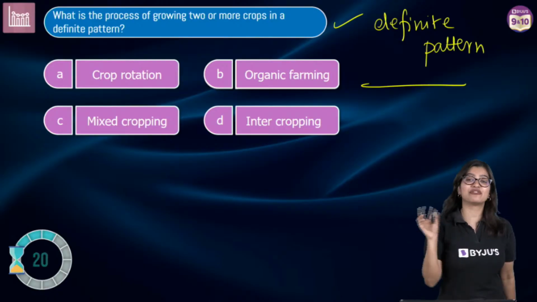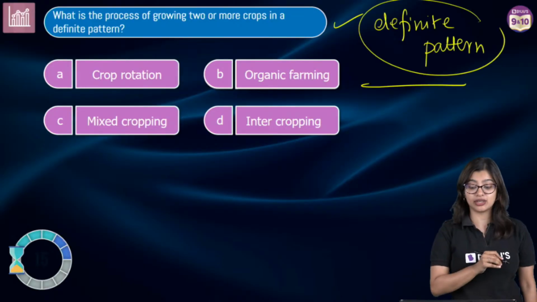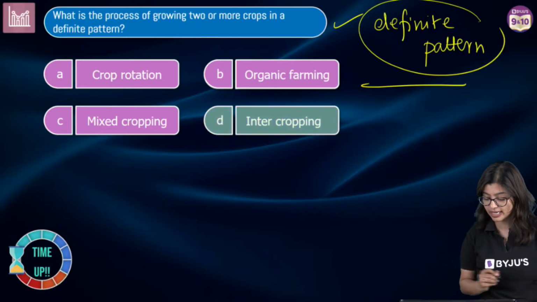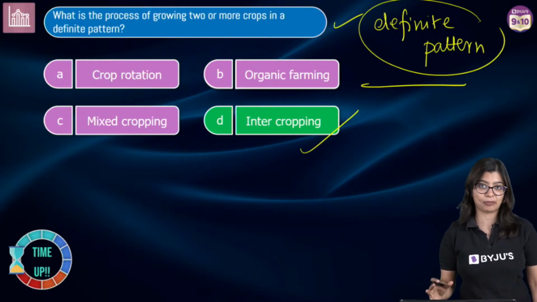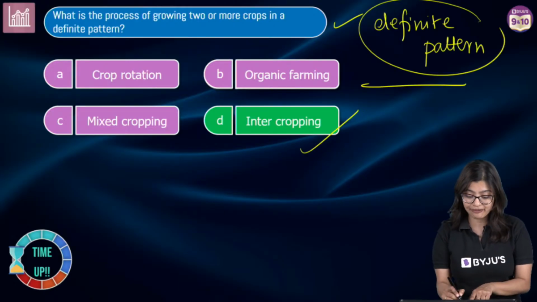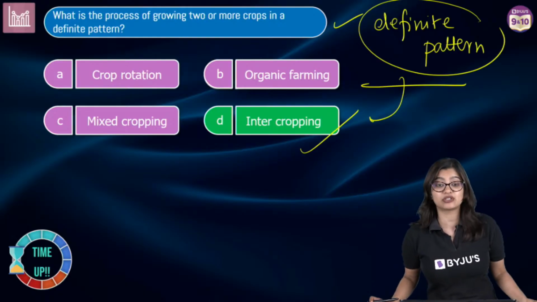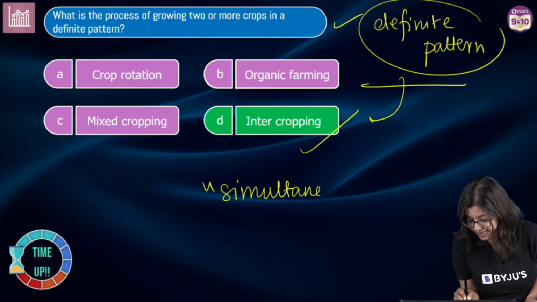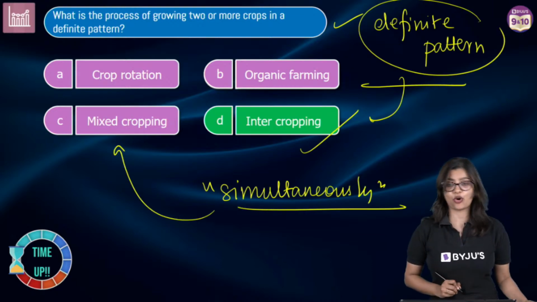But like I told you, the keyword here is definite pattern. If the word definite comes in, you know that the answer here is option D, which is intercropping. But if they say 2 or more crops on the same piece of land simultaneously, if the word simultaneously is there, then we will call this mixed cropping.